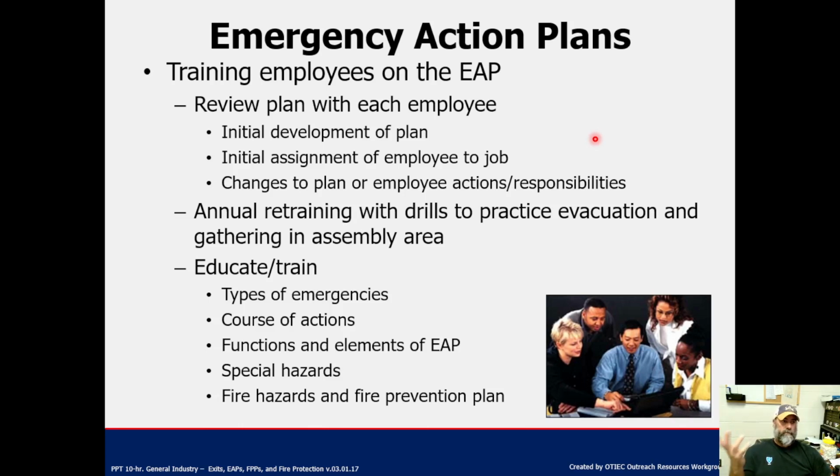For example, this area over here can have a chemical spill possibility, and this area over here can have a fire and explosion possibility. So it's not always going to cross over. Upon the initial assignment, that training needs to take place, and it goes along with changes to the plan, or if the employees move around, like I just said.